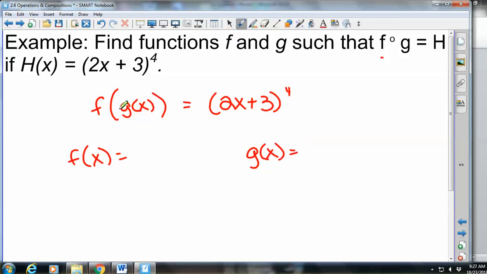So if we look, g is the inside, so the inside over here is 2x plus 3. To find f, you're undoing your function, so that 2x plus 3, we just replace that with an x, and we have x to the 4th for the f. We get that? Yes, ma'am.